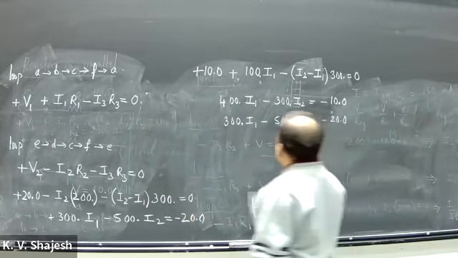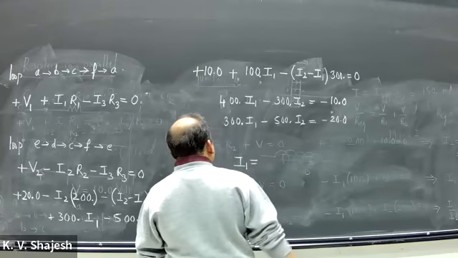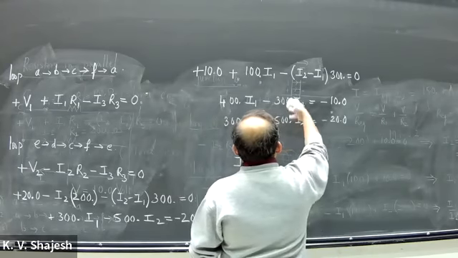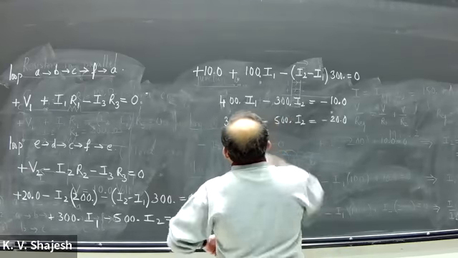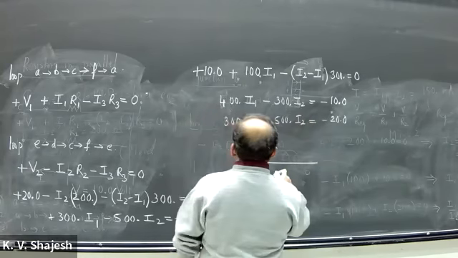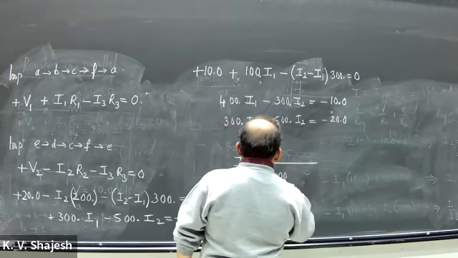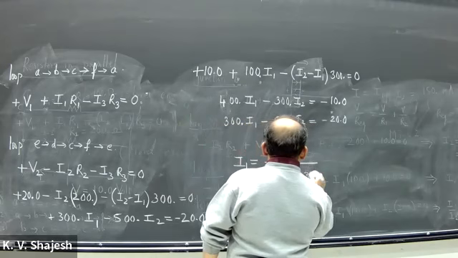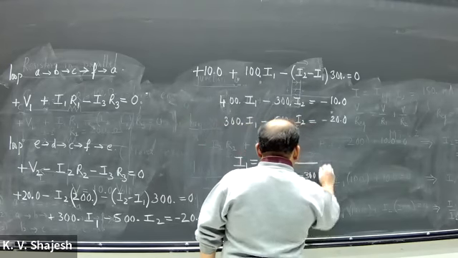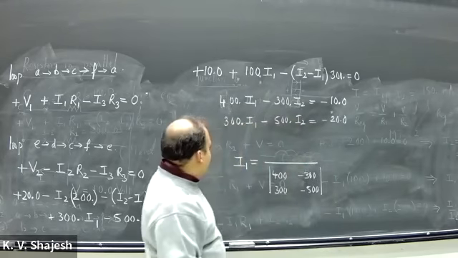You can solve for this. So I1 would be equal to, any simple ways you can think of. I'll write these numbers down like this: 400, 300, and do it your way, whatever you find convenient.